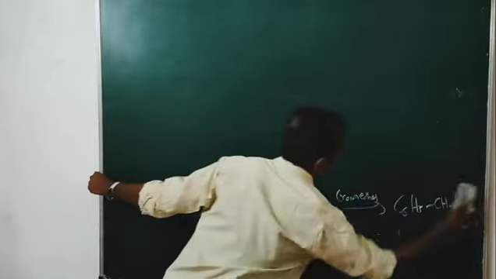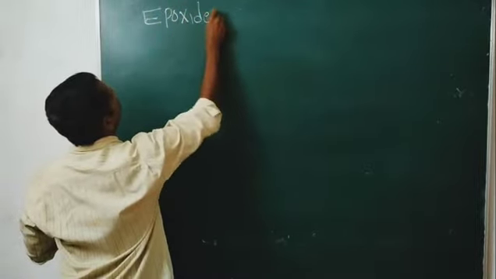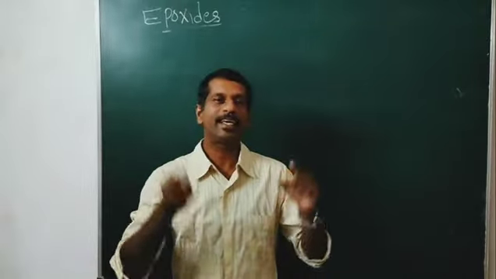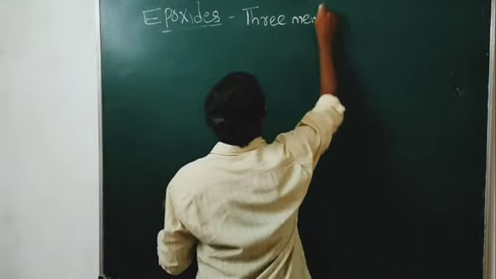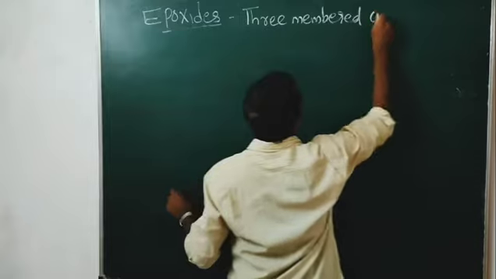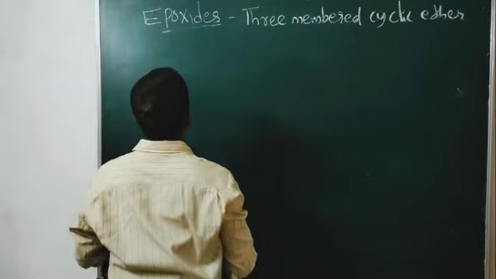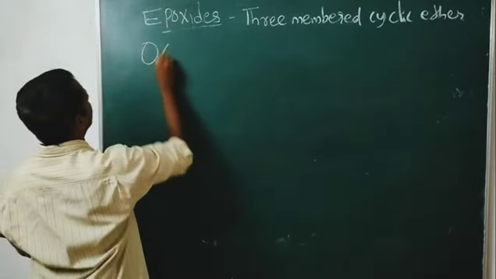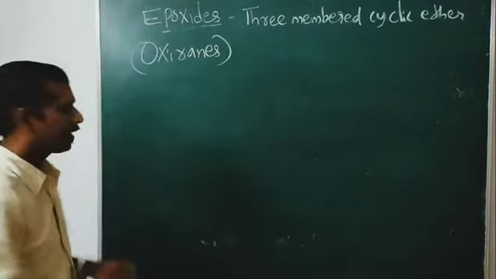Now the next topic is epoxides. Epoxides are three-membered cyclic ethers. They are also known as oxiranes.